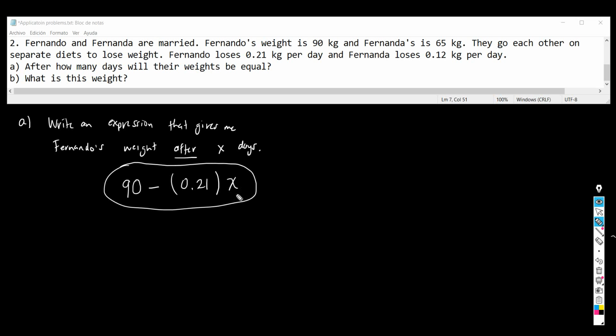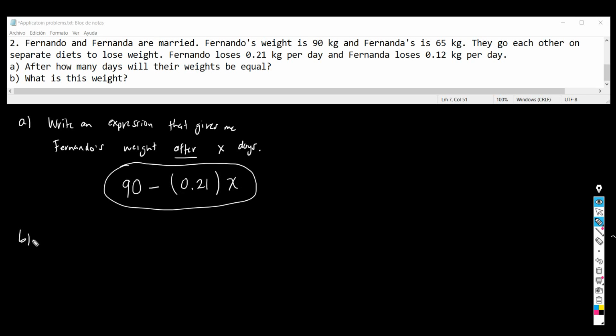If we have 0 days, then all of this is 0 and we have his initial weight. If 1 day goes by, then you substitute 1 in here and we have 90 minus 0.21, and that's going to be the weight after 1 day. You see what I mean? So this is the weight of Fernando after X days.